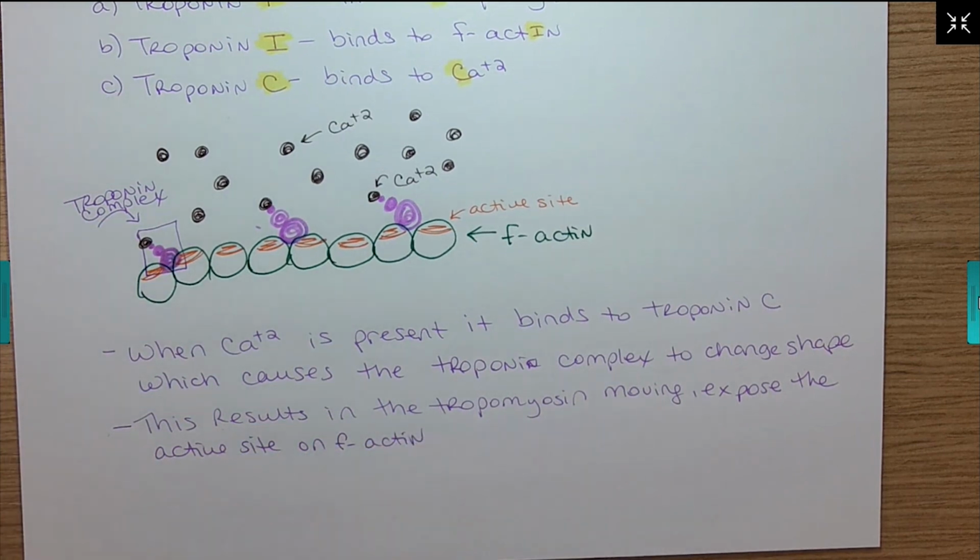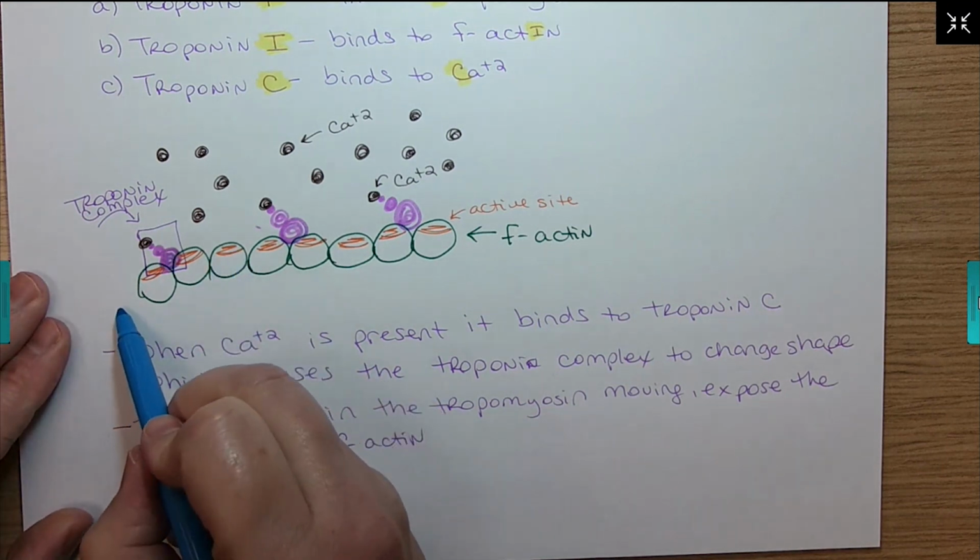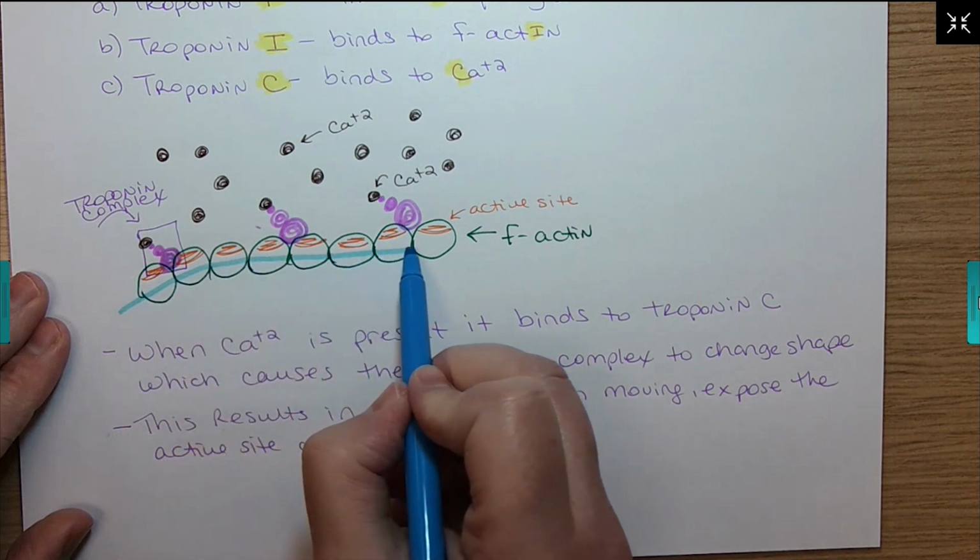So now I'm going to draw my tropomyosin in, and we know that the tropomyosin is not covering the active site because calcium is present.